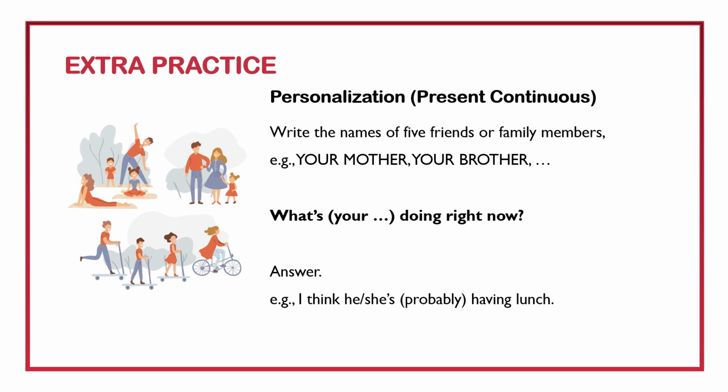Please write down full sentences and describe what they are doing right now. For example, I think my brother is probably having lunch, or I think my mother is cooking dinner. You can write anything, but it has to be in present continuous form.